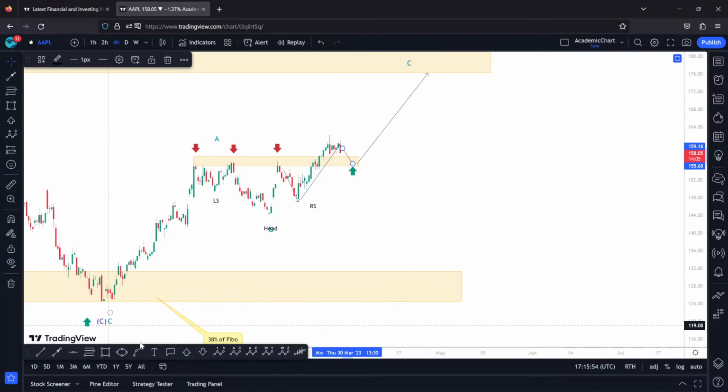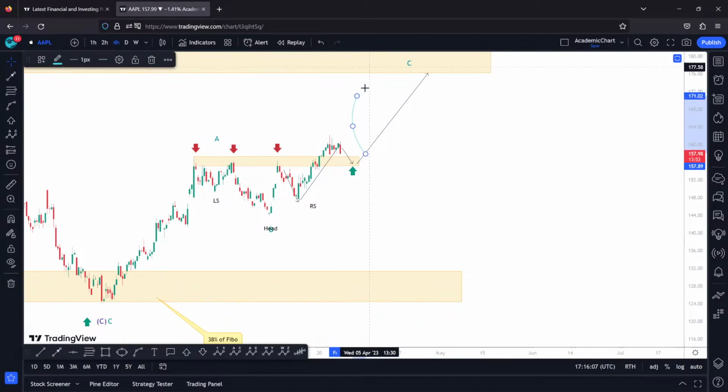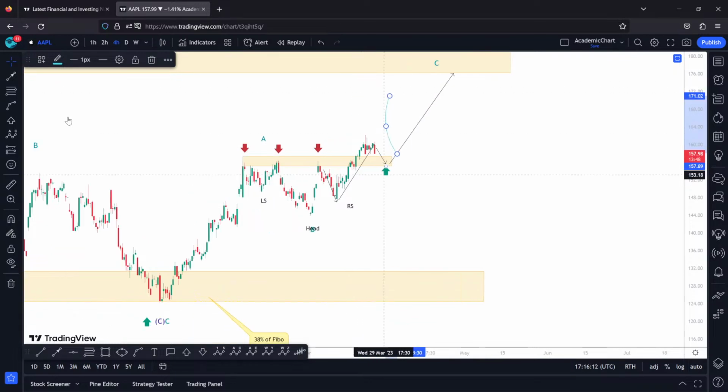And as another way of finding the target, this is the length from the head to the neckline, and from the breakout point, we're going to get very close to this level, maybe as the first momentum.